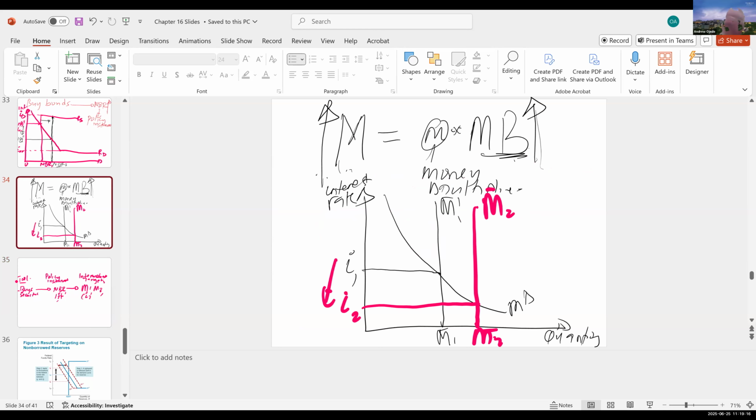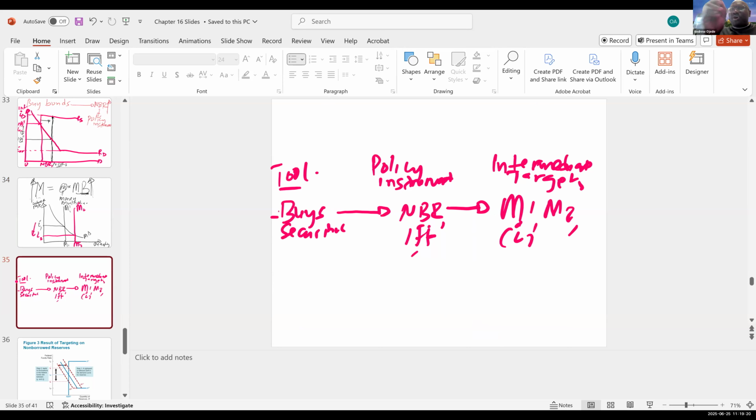So that's exactly what we did here. Okay, now it doesn't stop there. It gets even more interesting. So the Fed has bought bonds, which led to an increase in the non-borrowed reserves and a decrease in the federal funds rate, which has led to an increase in money supply and a decrease in the market interest rate.